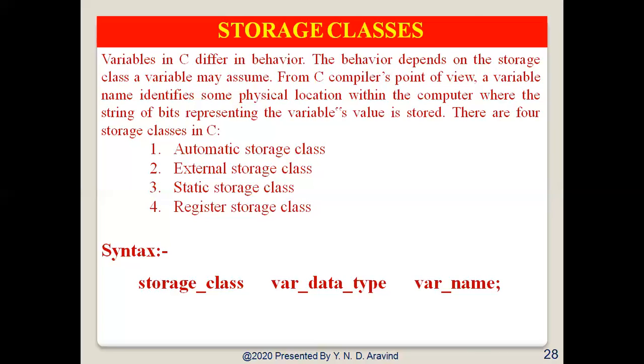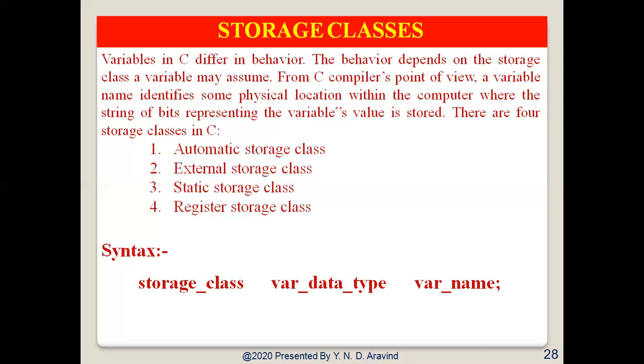It depends on their behavior. This behavior can be in terms of their storage, where they are going to get stored, what the initial value is, what keyword we need to use, and what the scope and lifetime of these variables are.